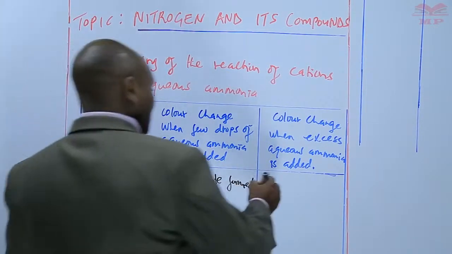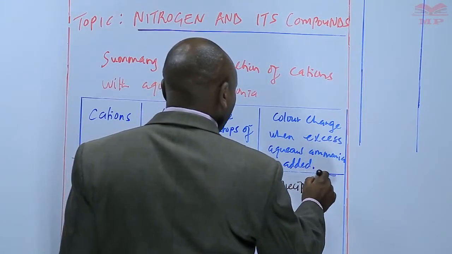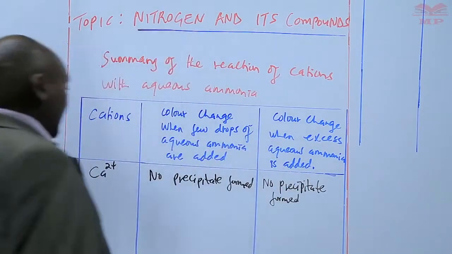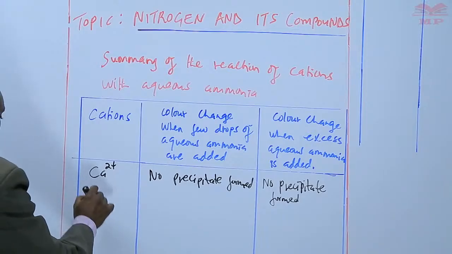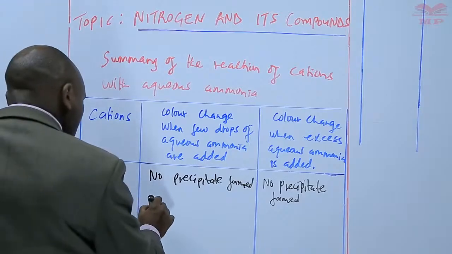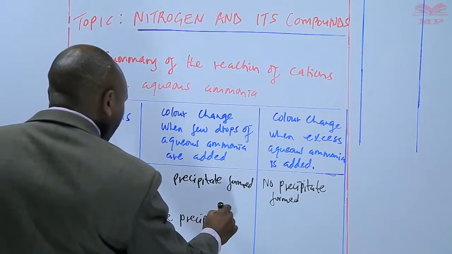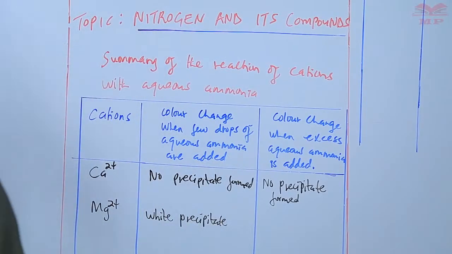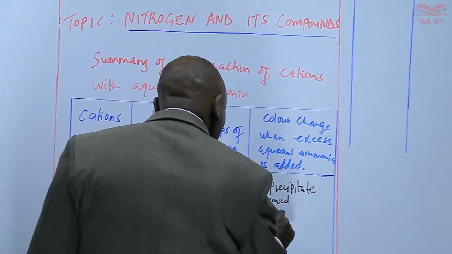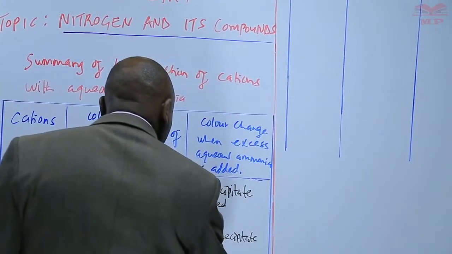Also, when you add excess, there is still no precipitate formed. But if you have magnesium ions, they form a white precipitate, and even on the addition of excess aqueous ammonia, the white precipitate remains.